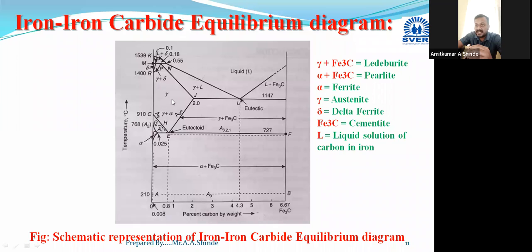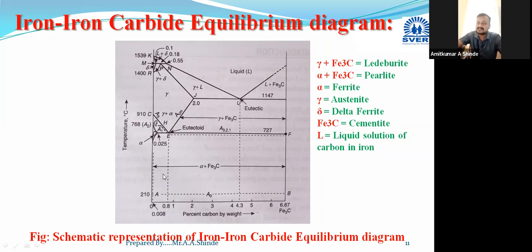The stability or area of this austenite phase will increase. Hence, these alloying elements will be termed as austenite stabilizers. They will increase this loop. This loop will get extended. Those elements will be termed as austenite stabilizers.